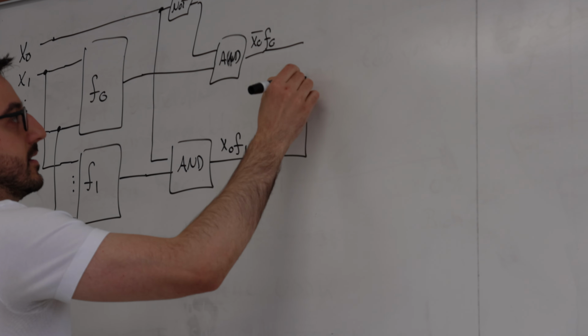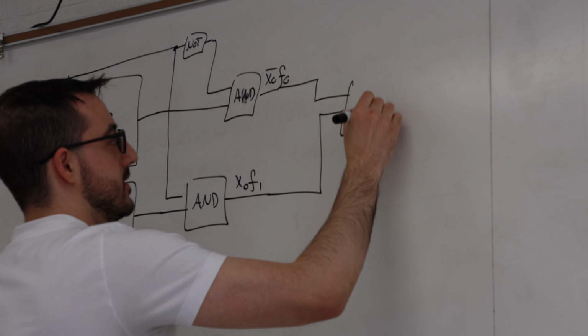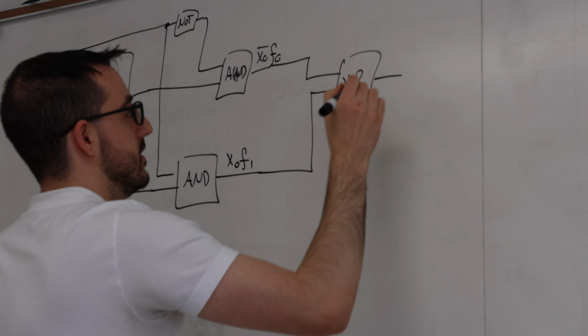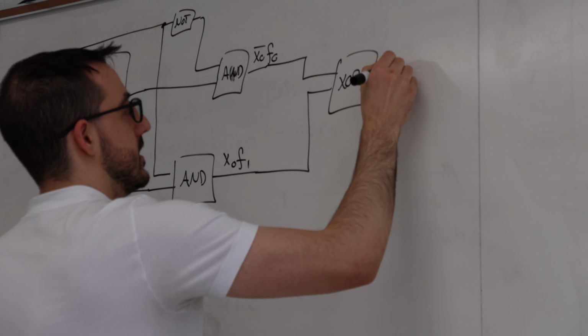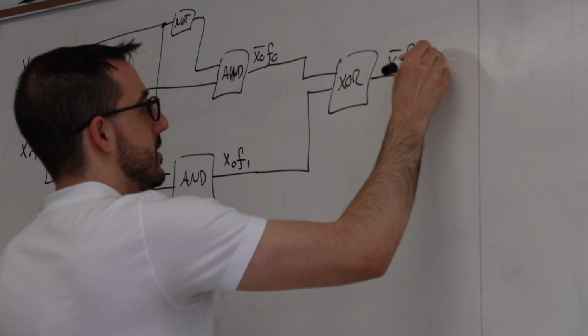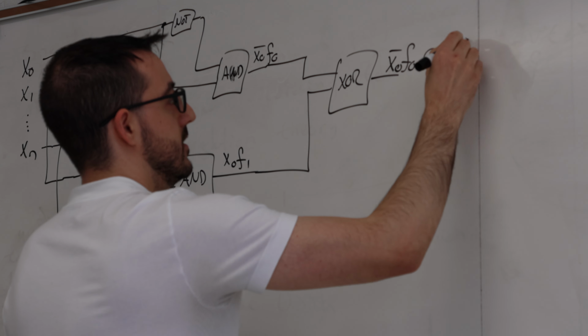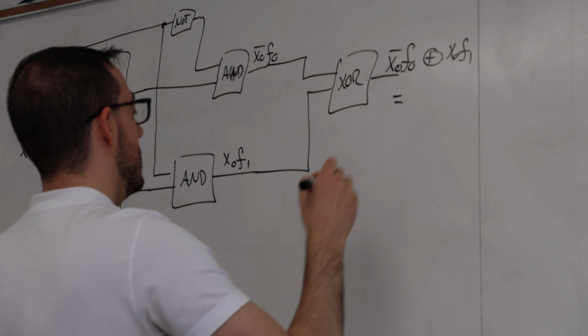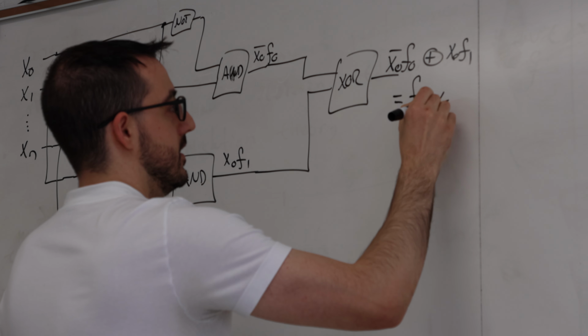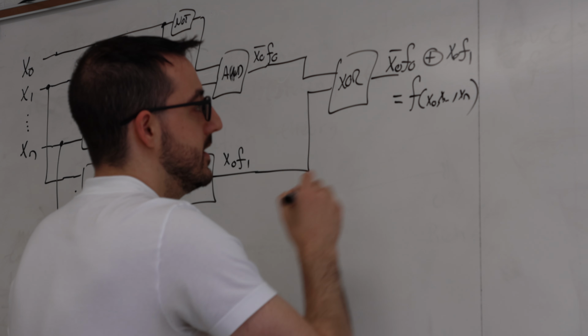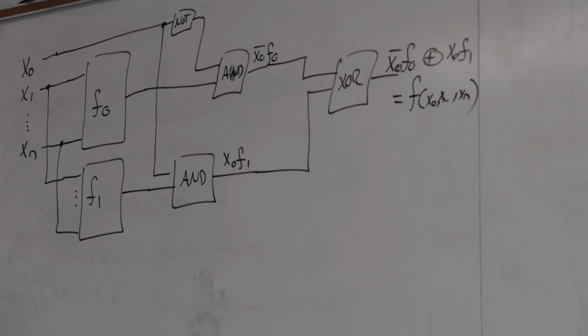And then the last thing is an XOR gate to have this expression, not x0 times f0, plus x0 times f1. And we argued that this was exactly the function f of x0, x1 through xn that we wanted to compute.